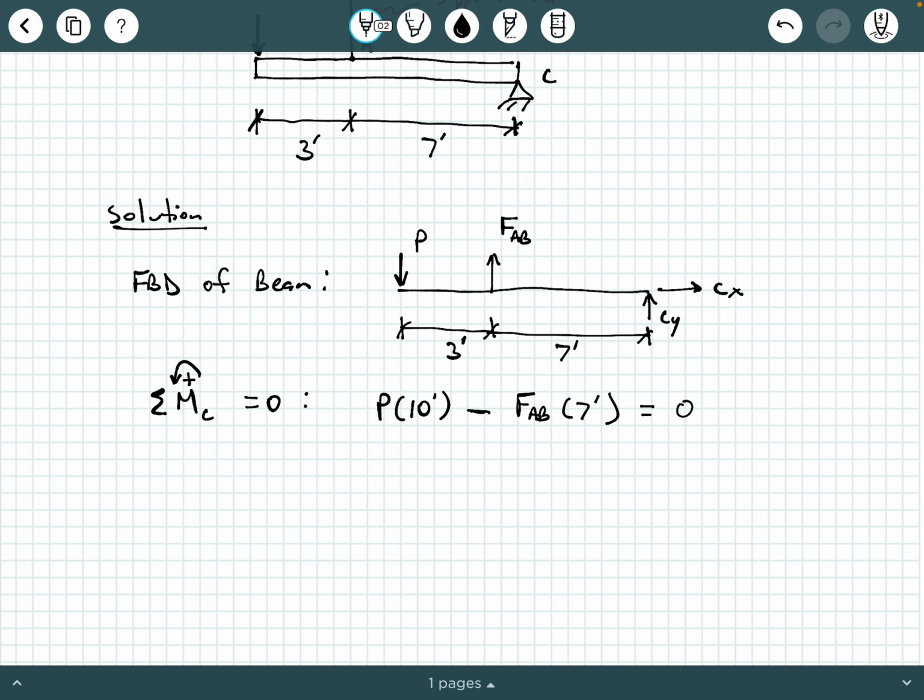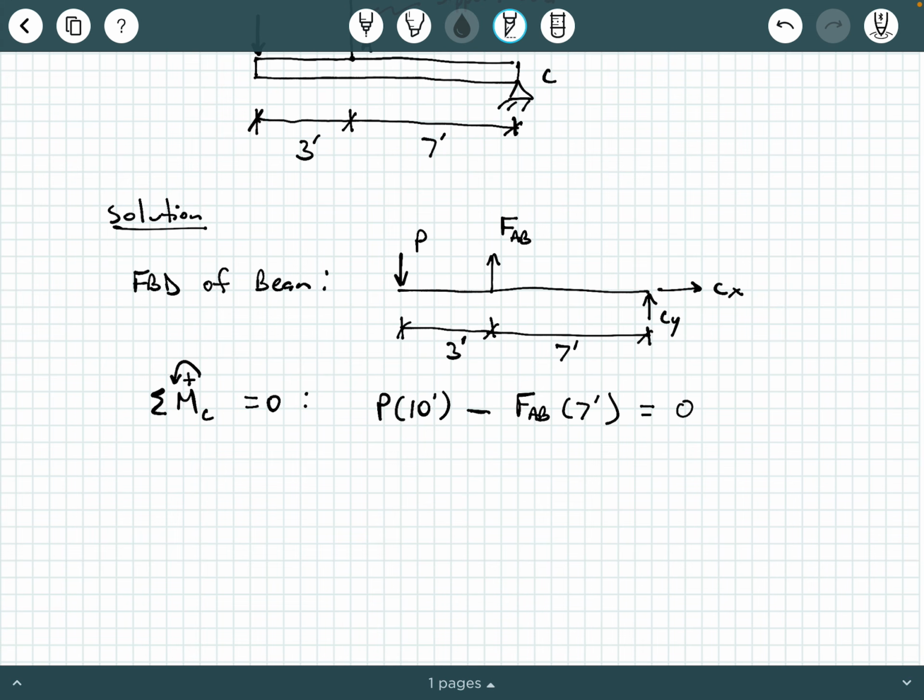So this first term, P times 10 feet, is positive because P times 10 feet is causing a counterclockwise tendency of rotation, and we said counterclockwise is positive, and then FAB is causing a clockwise tendency of rotation about point C, and clockwise is going to be negative.